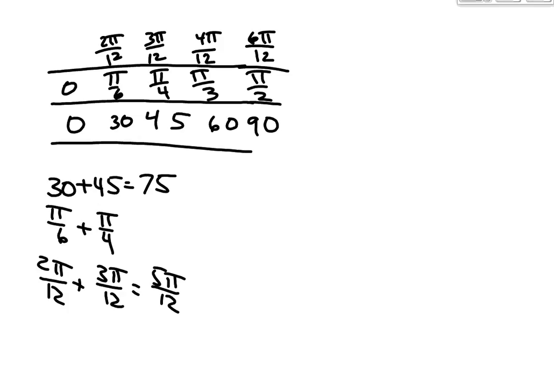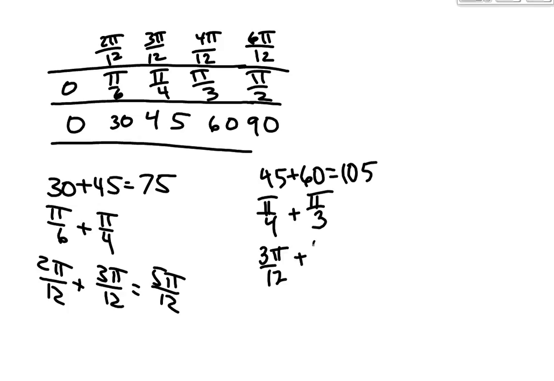Other common combinations are 45 plus 60, which is 105 degrees, and that would be pi over 4 plus pi over 3. So 3 pi over 12 plus 4 pi over 12, which is 7 pi over 12. So again, you're going to be seeing those things.